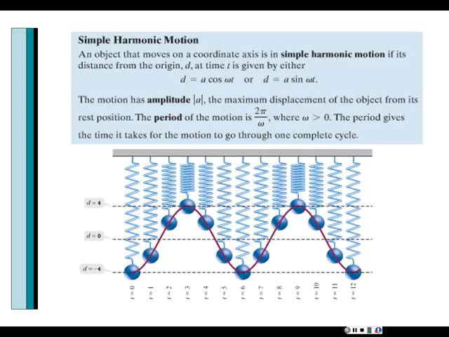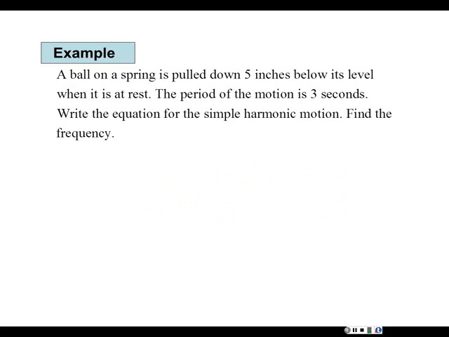Now let's see how we can solve a real life problem here. A ball on a spring is similar to the situation here. It is pulled down 5 inches below its level when it is at rest. So it is already pulled down from the resting level, right?